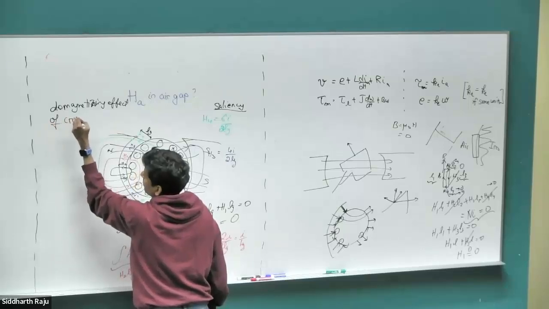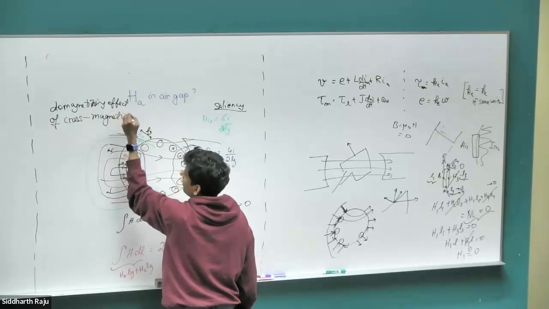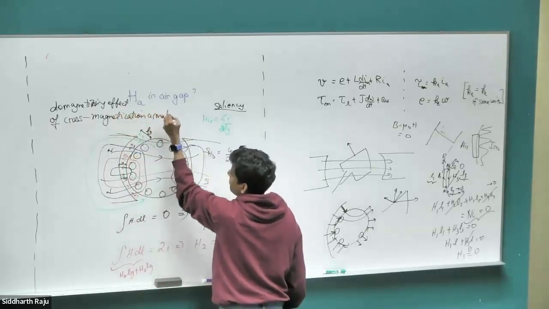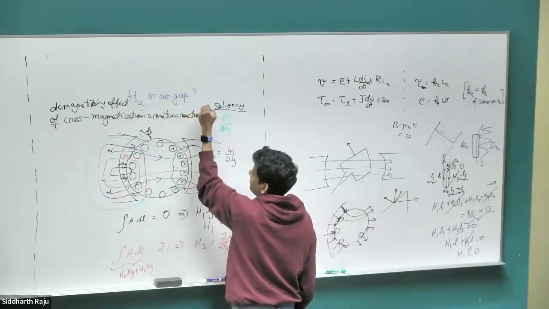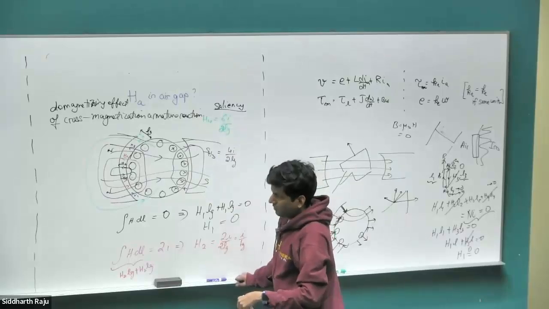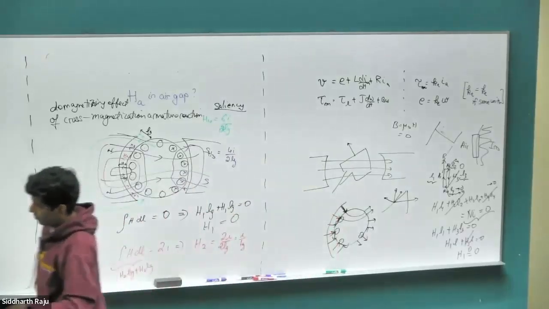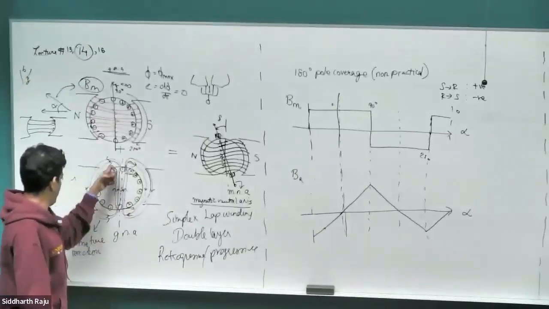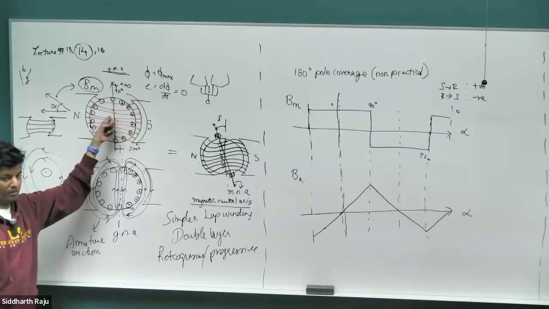or cross-magnetization armature reaction. Okay. And the reason we are calling this cross-magnetization armature reaction is, when we go back to our original diagram here and look at the component in the iron core, the B field is perpendicular to the component of the external magnetic field.